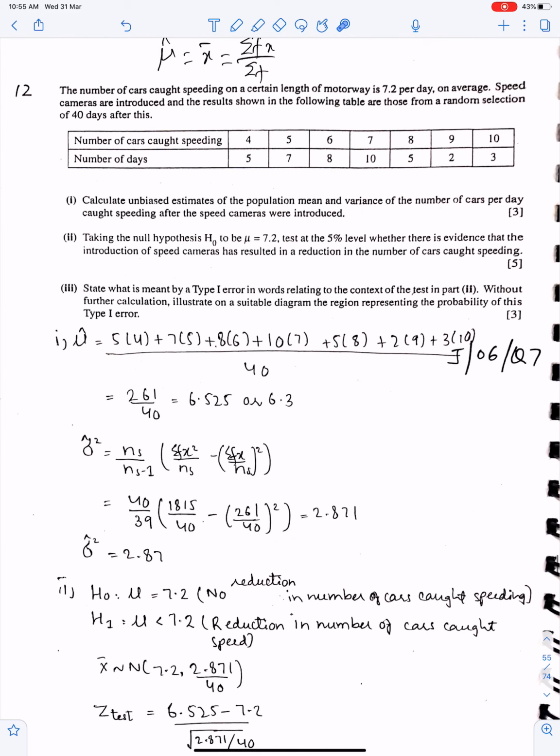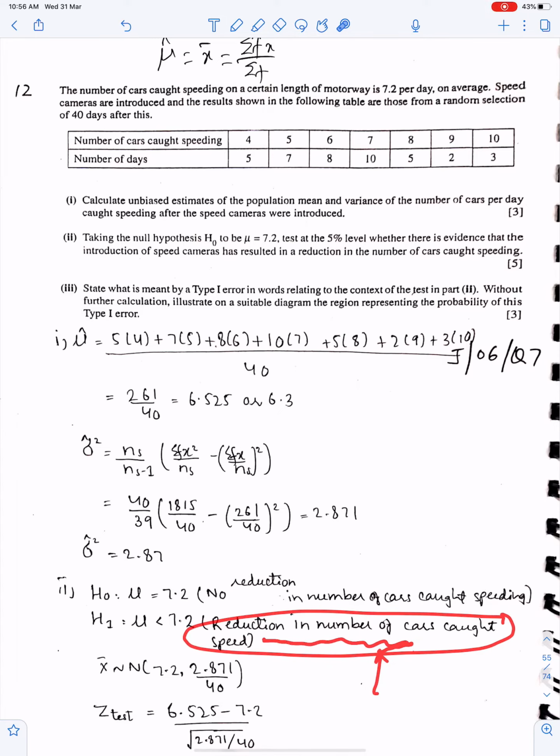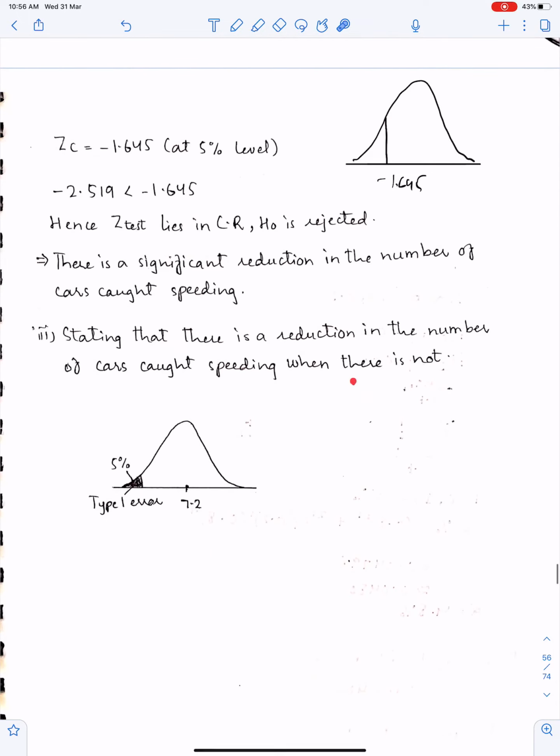Part 3, state what is meant by type 1 error in words relating to the context in part 2 without further calculation. Okay, so always explain type 1 with the help of this information: concluding that there is a reduction in the number of cars caught speeding when there is not.